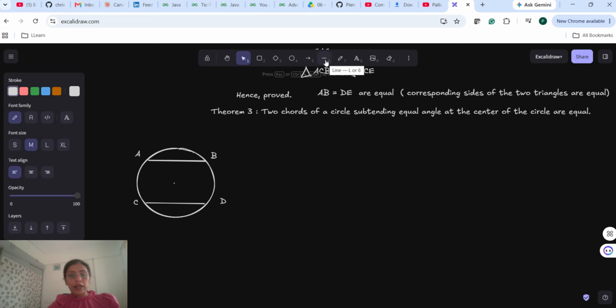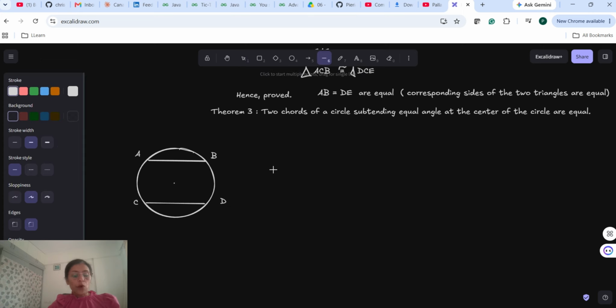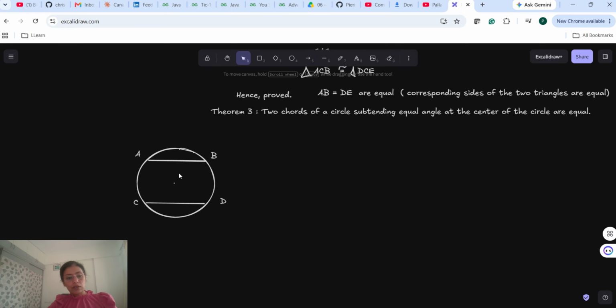And then what I'll do is I'll draw a line which bisects AB and which bisects CD. Actually, for this proof, we don't need to show two chords. So I'll just remove this chord and keep this.